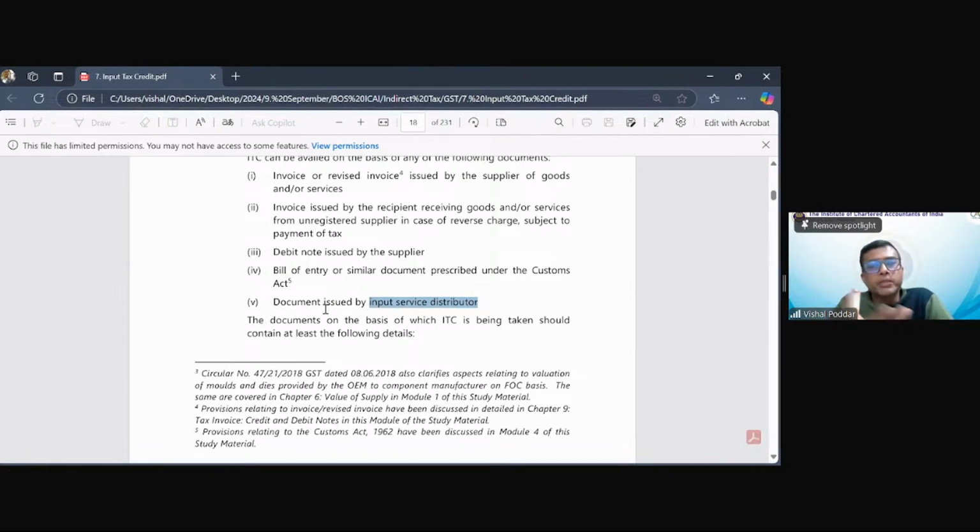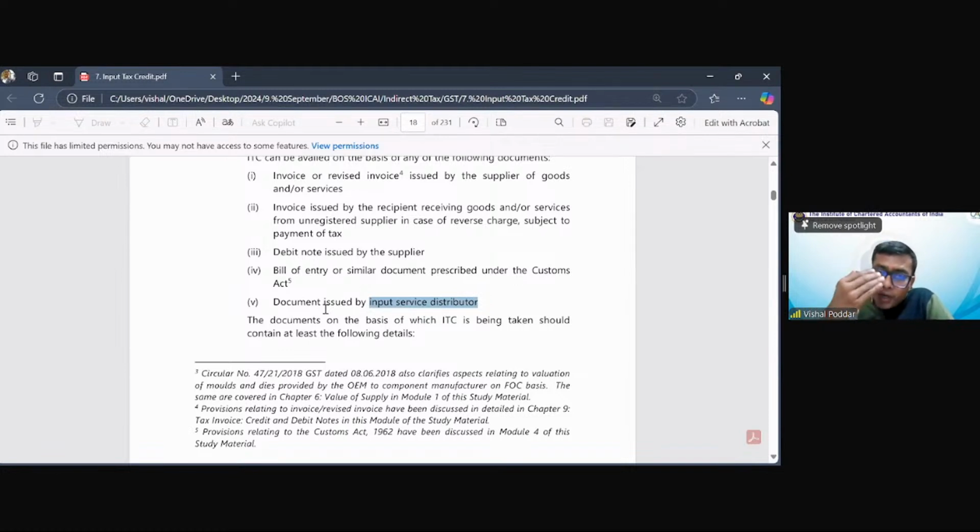It is a common expense, and this common expense ITC is distributed to all of you in a suitable ratio. That is where this office gets a separate status called input service distributor.